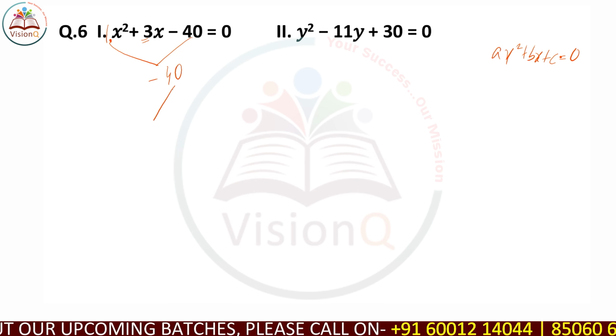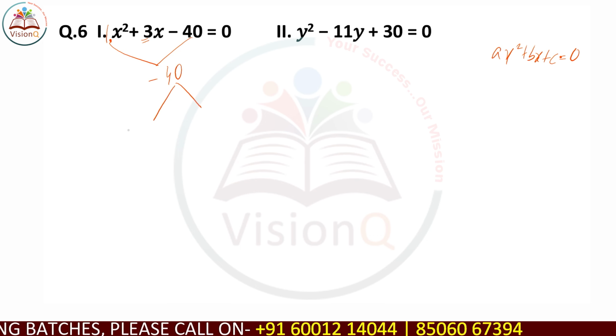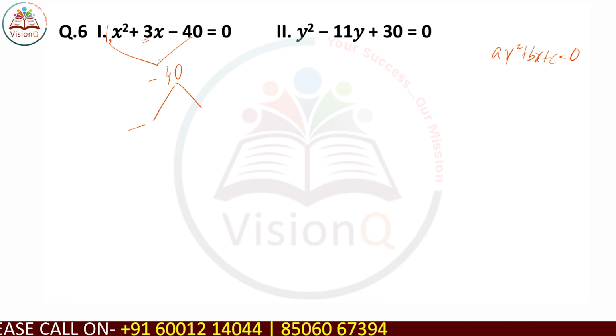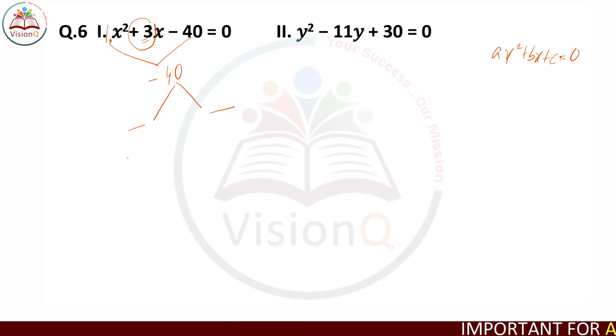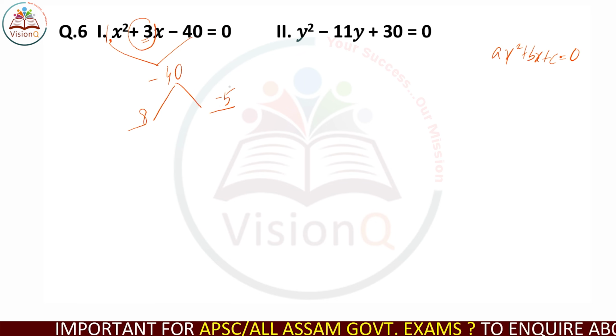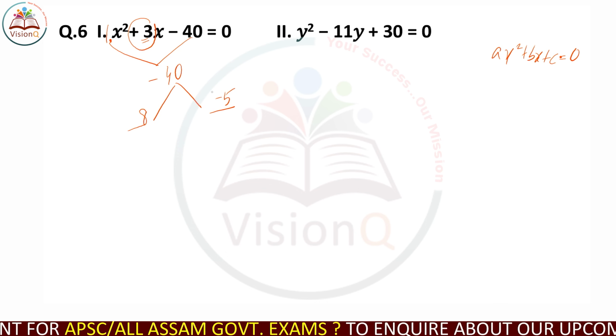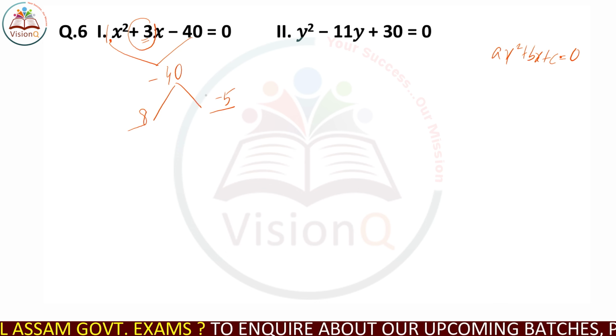The next step is the most important step. Minus 40 should be broken down into two numbers such that the sum of these two numbers is b, which is 3, and the product is minus 40. So I have to break it as 8 and minus 5, because 8 plus minus 5 is 3, that is b, and 8 into minus 5 is minus 40.